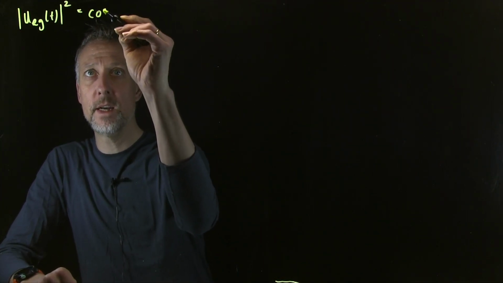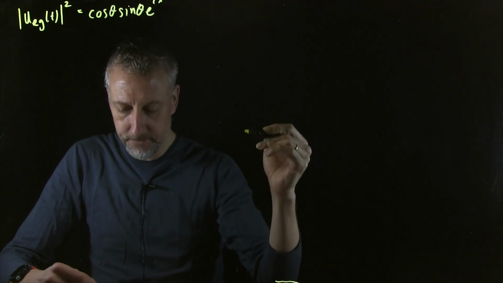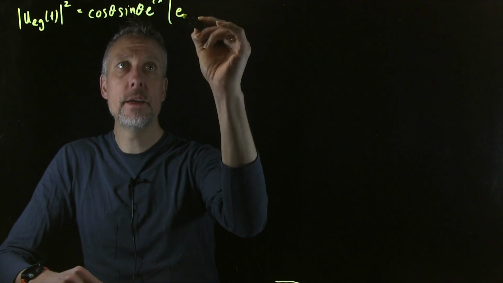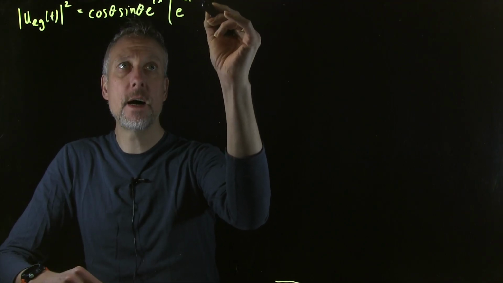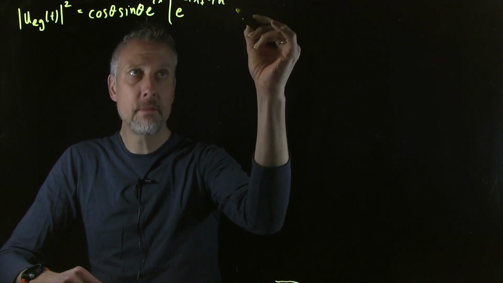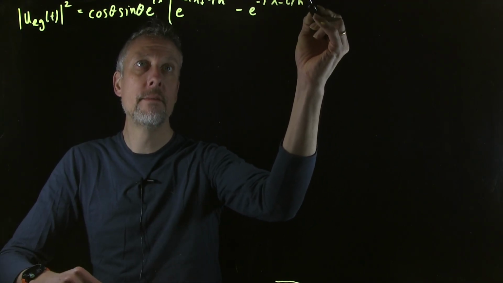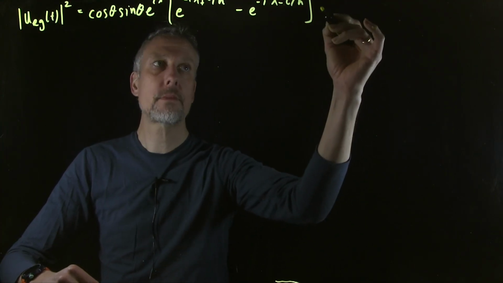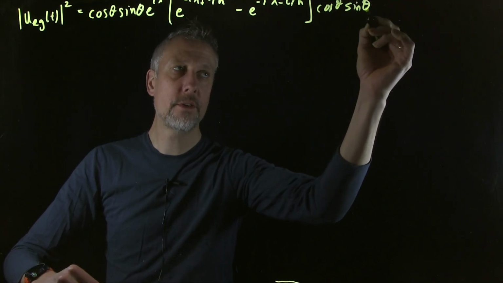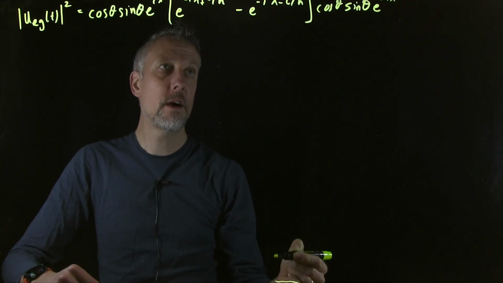So that's going to give us cosine theta sine theta e to the I chi, as you will see, that will go away soon. And then we have e to the minus I lambda plus t over h bar, and minus e to the minus I lambda minus t over h bar, times cosine theta sine theta, and then e to the minus I chi, this is the part of the complex conjugate.